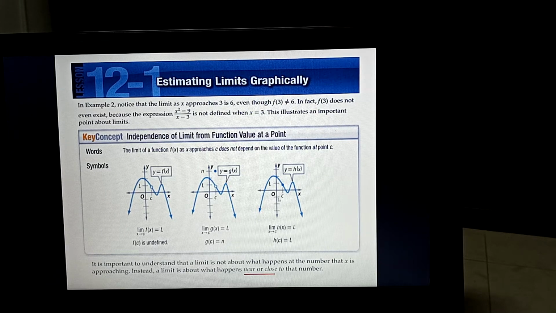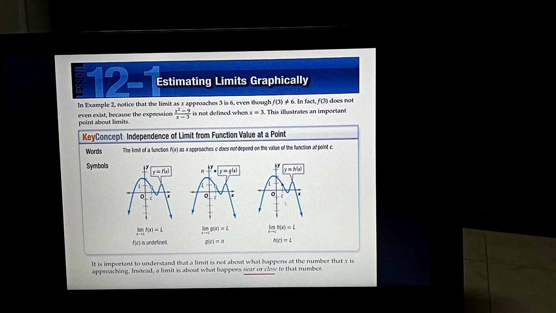The third situation: the limit of h of x when x approaches c from the left is L, and from the right is L also. What is the value of h of c? It is also L. So in this situation, the limit is equal to the function value.